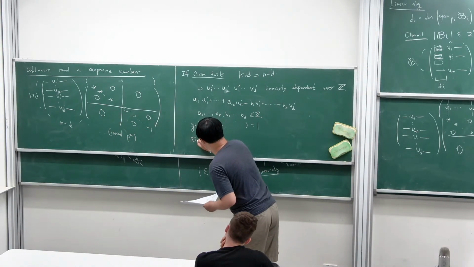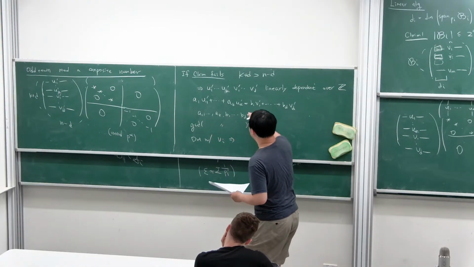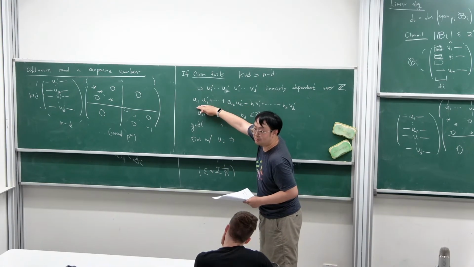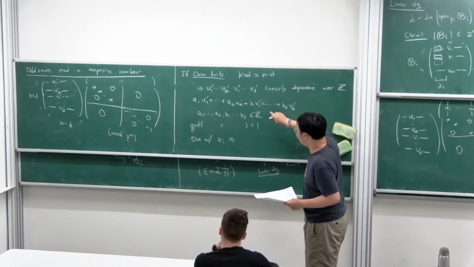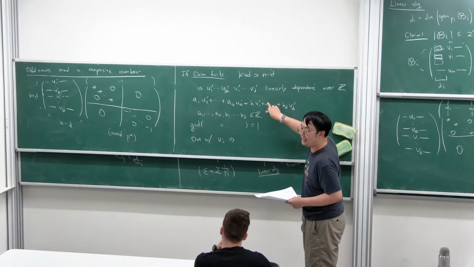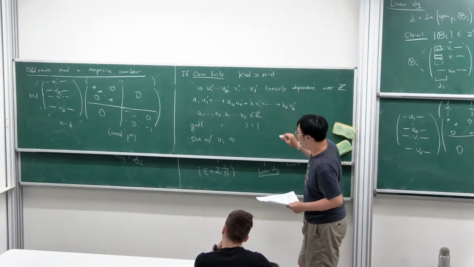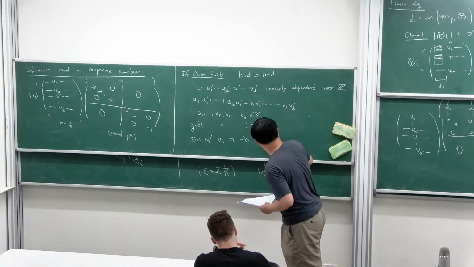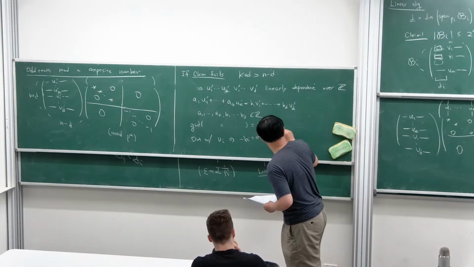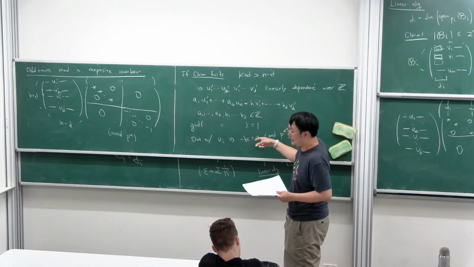And the right hand side would be exactly negative bi mod p to the alpha. In particular, bi is divisible by p.